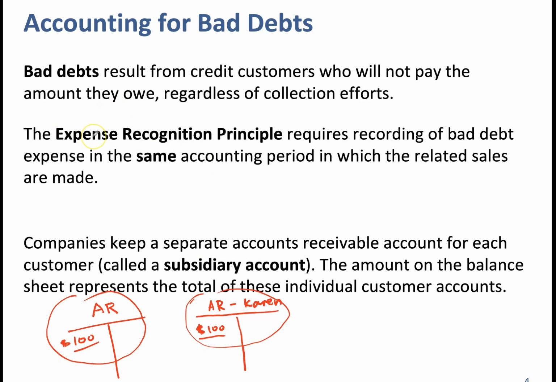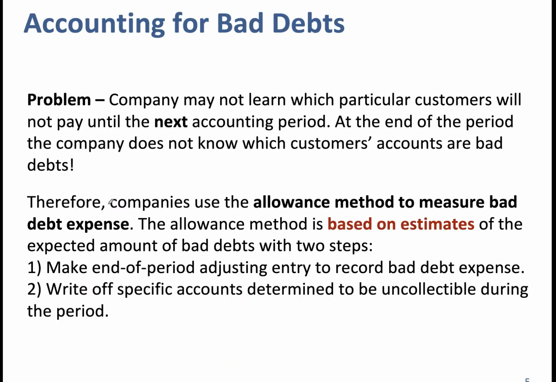But the expenses have to match the revenue. So at the time we recognize our revenue, we do not know how much expense would be related to that revenue. This leads to the accounting issue of estimation. Because we do not know, we have to estimate how much we are going to collect or how much we are not going to collect.